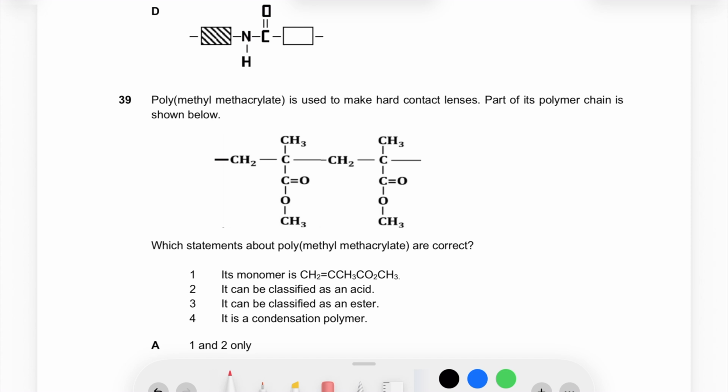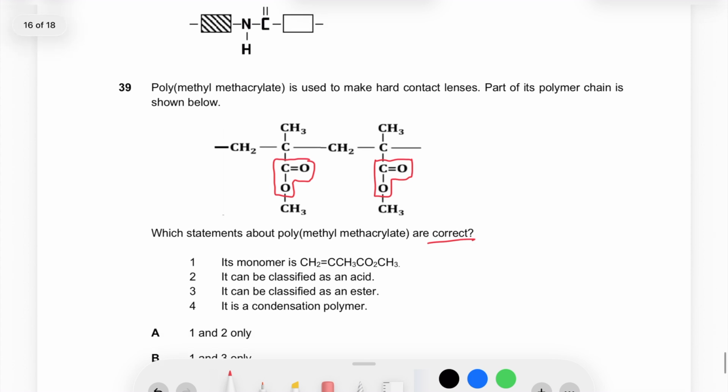39. Polymethyl methacrylate is used to make hard contact lenses. Part of the polymer is shown here. Which statement about this polymer is correct? Something unique, you have the ester linkage here. It can be classified as an ester, definitely true. Is an acid? No, it does not have COOH, so it's not true. Is a condensation polymer? Let me see.